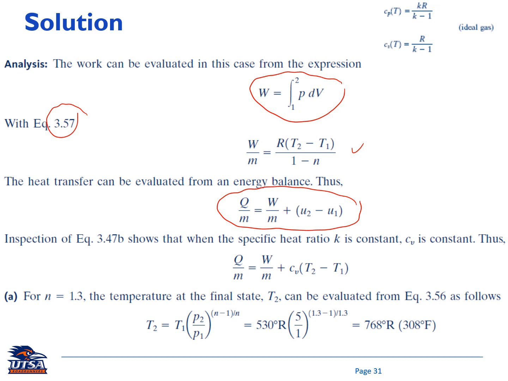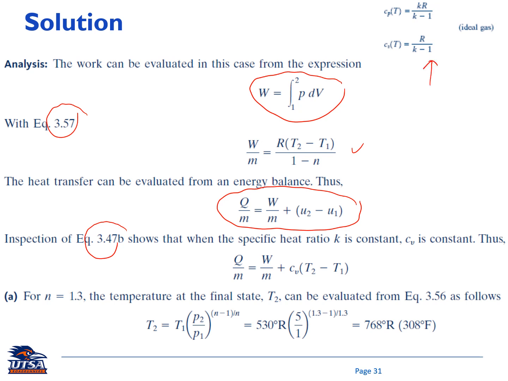And then we can also have a look at equation 3.47b, that when specific heat ratio is constant, Cv is also constant. So it's in here, equation 3.47b, I put it on the top right corner here.